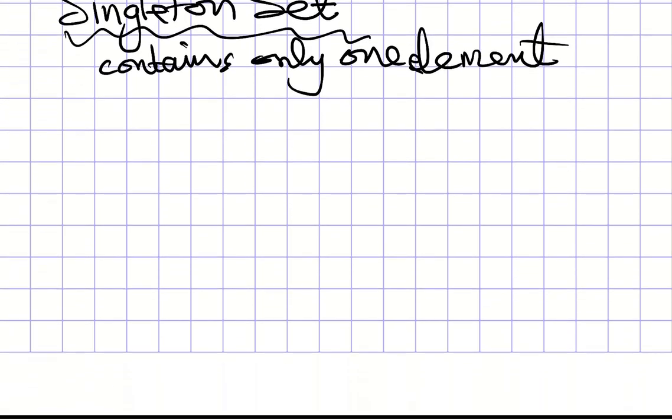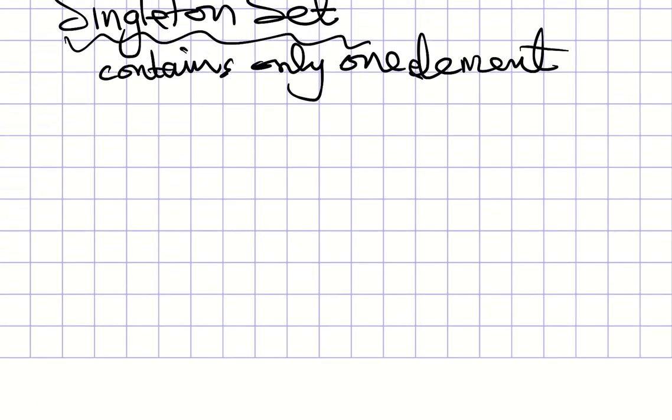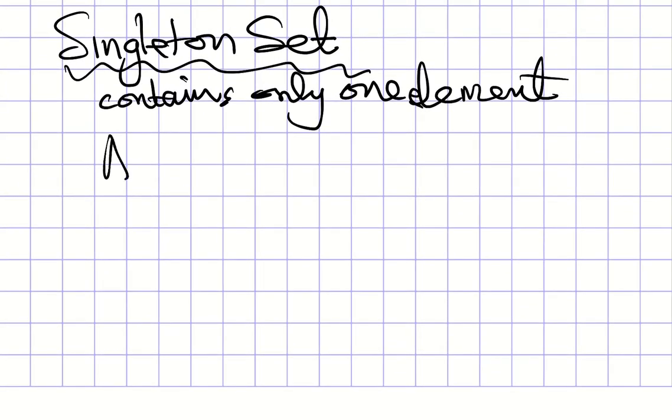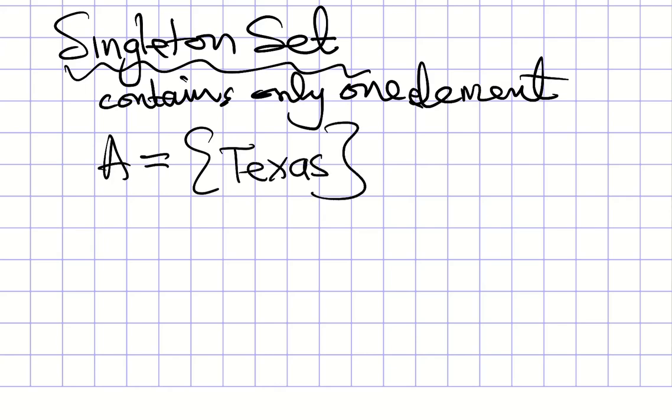I'll give you an example of a singleton set. Let A be equals to this set that contains one element called Texas. So it's a singleton, right? Because it contains only one element.